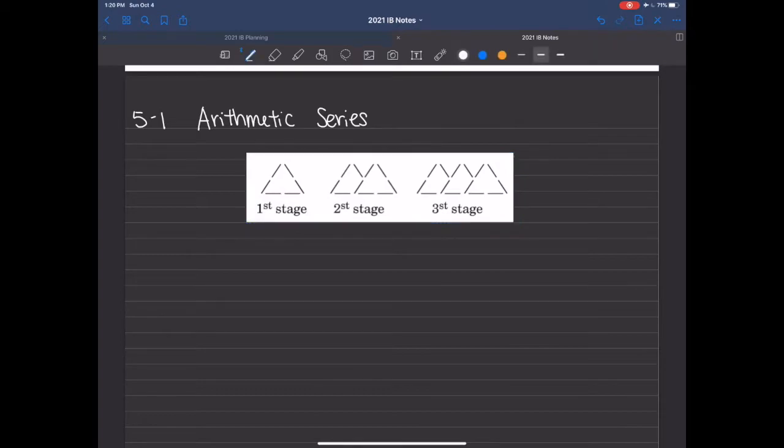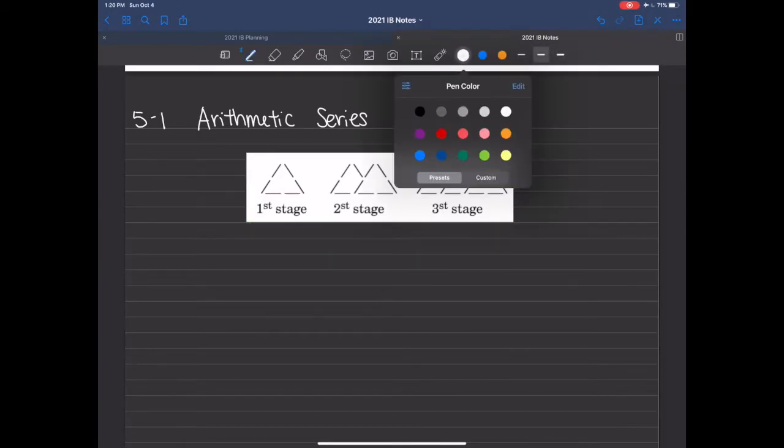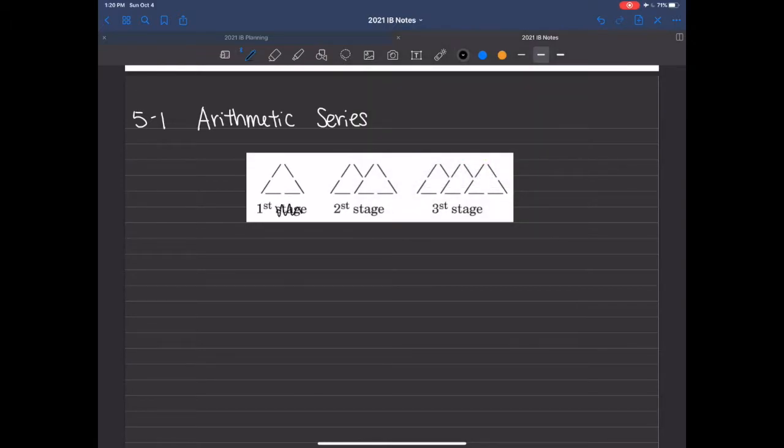So let's look at the sequence that is represented in this diagram. I'm going to cross out these words stages just to be consistent with our language, and we'll call these terms, right? So the first term, the second term, and the third term. So here are some diagrams that are made out of sticks.